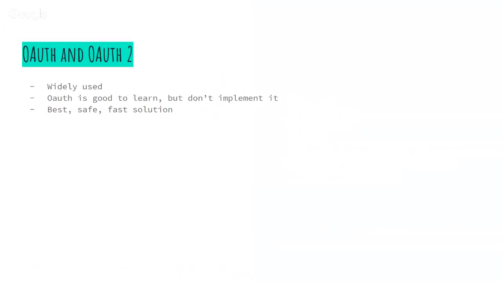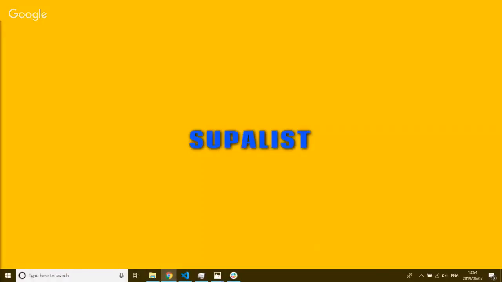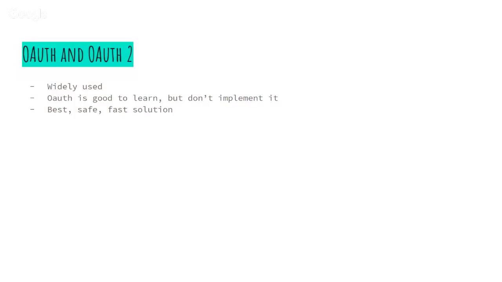So it's a good idea to figure out how OAuth works, but don't actually use it on your applications. OAuth 2 is what you should use if you want to use a third party. Well, let me not say what you should use, but it's probably a lot better to use it. Obviously, it's the newer version.